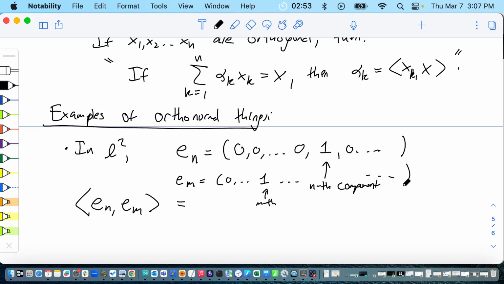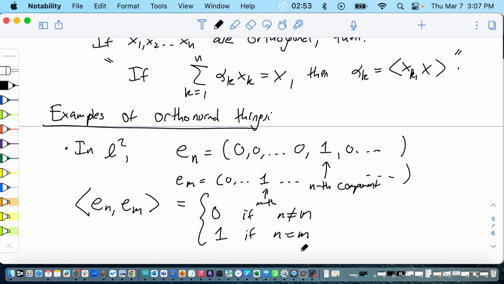Either they're both 0, or one of them is a 1 and the other is a 0, but you're going to have a whole bunch of zeros. So this is 0 if n is not equal to m, and it's 1 if n equals m. They're orthonormal. They're also length 1. So that's a nice example of an orthonormal sequence.